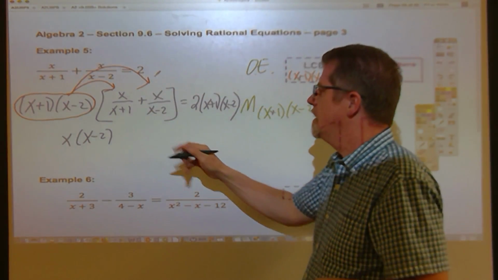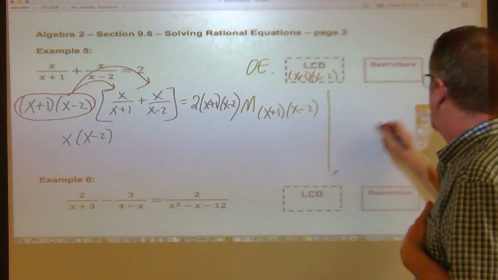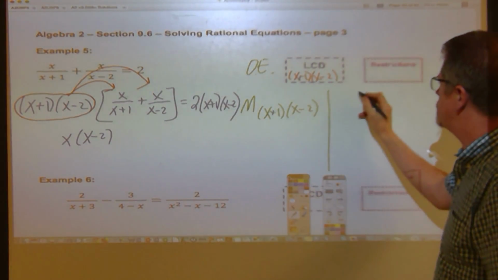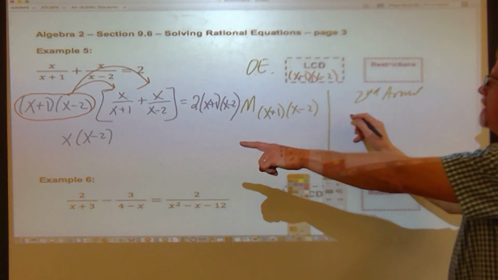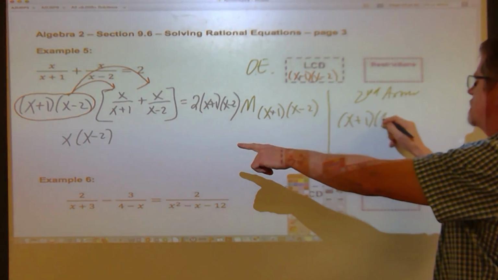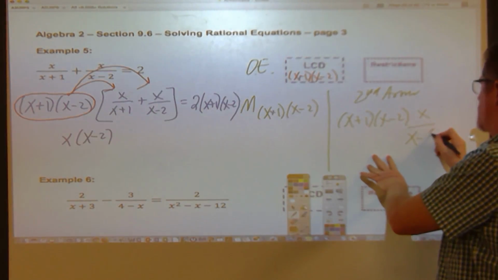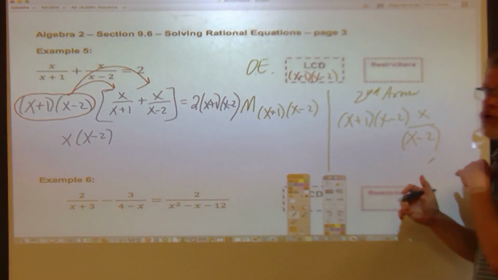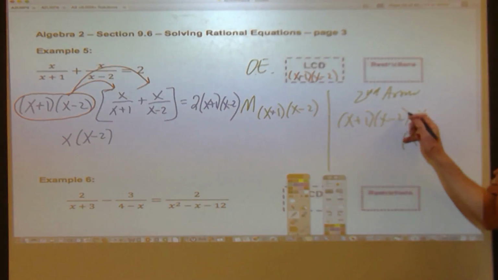You need to get this. This is scratch work, I'm going to put it over here on the side. The second arrow of distribution is taking the x plus 1 times x minus 2 and multiplying it by x over x minus 2. Now look at all the factors upstairs and downstairs and tell me, Thomas, are there any common factors? Yeah, the x minus 2's cancel.